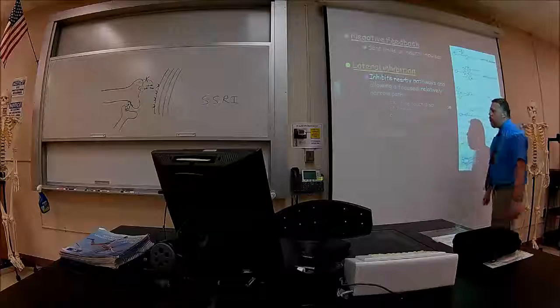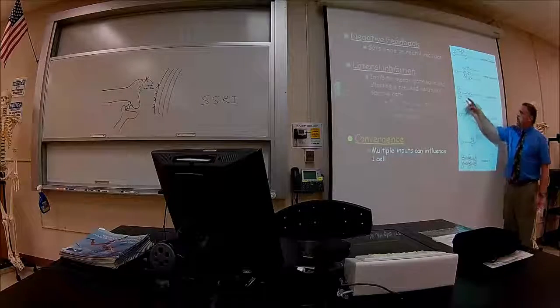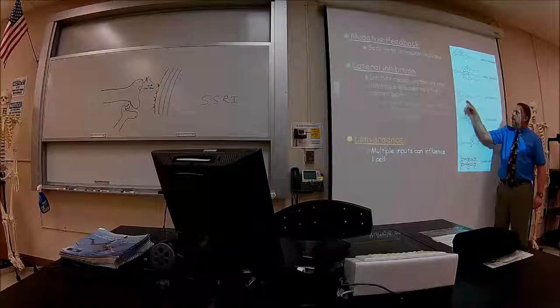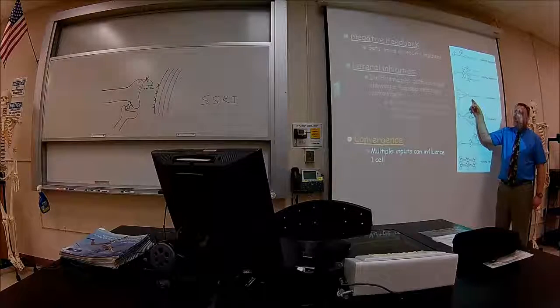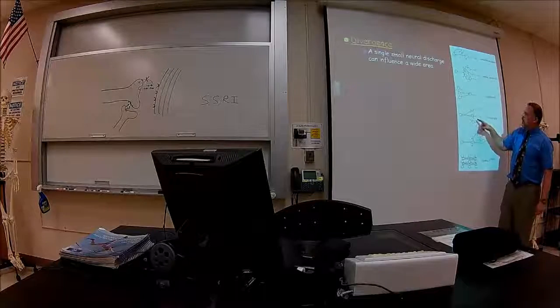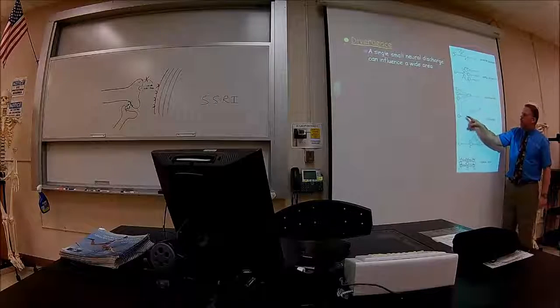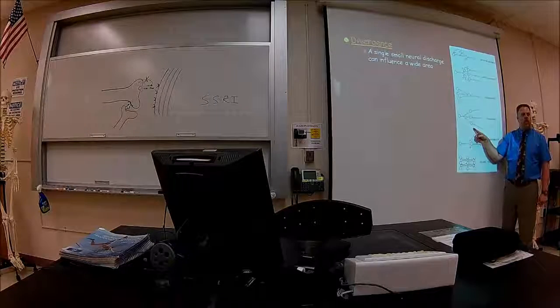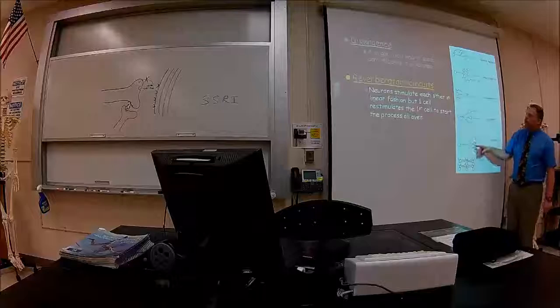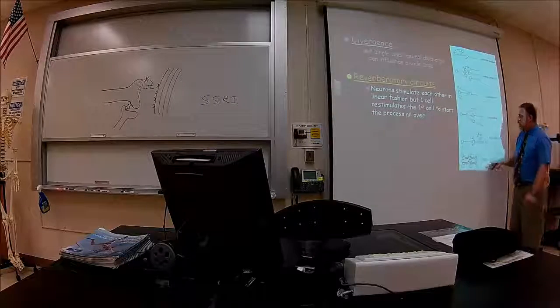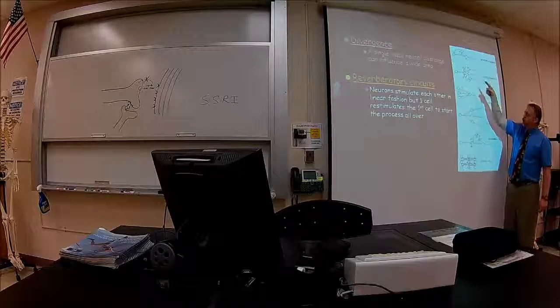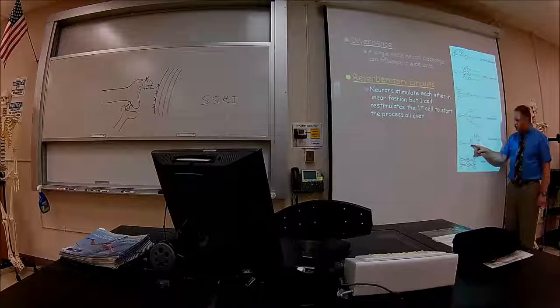Okay? Then we have convergence, where we have a bunch of neurons converging onto one. We could have divergence, so one neuron could diverge and go to a few different ones. We could have, this one's kind of confusing, but instead of negative feedback slowing it down, it's going to continue.